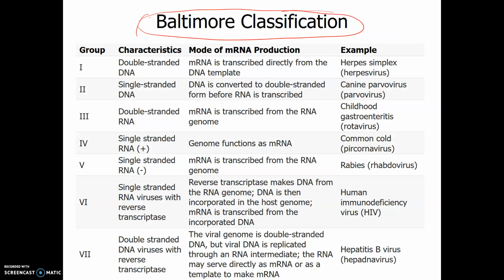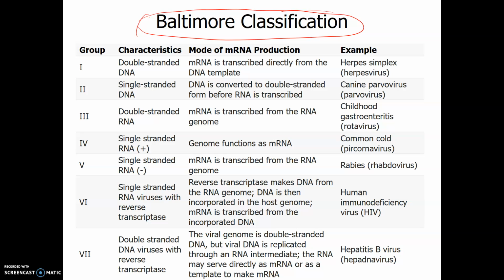Okay, so now in the Baltimore classification system, I do want you to focus on this one when you're studying viral classification. The Baltimore classification uses the genetic material of the virus, and it focuses on the genetic material and the way that messenger RNA is produced.